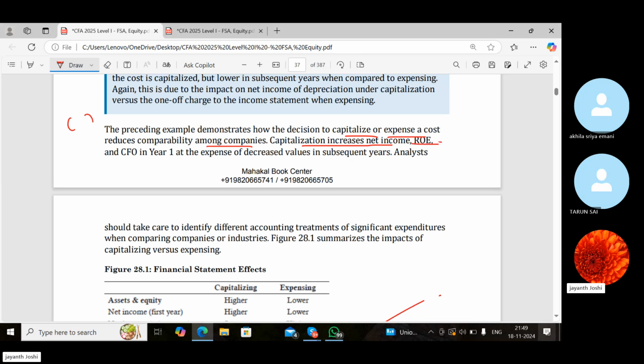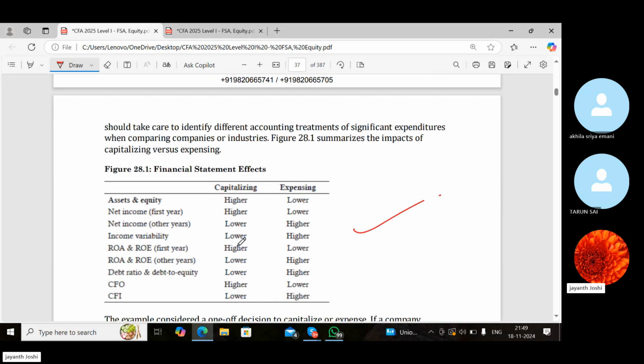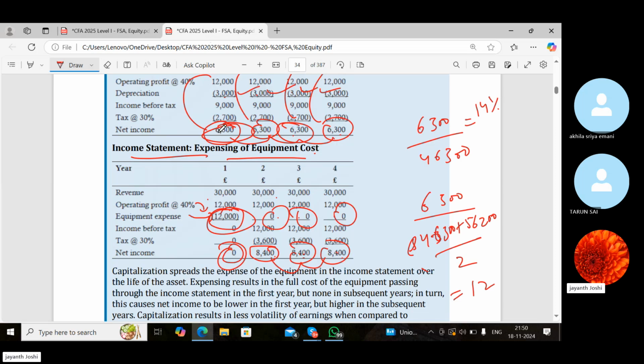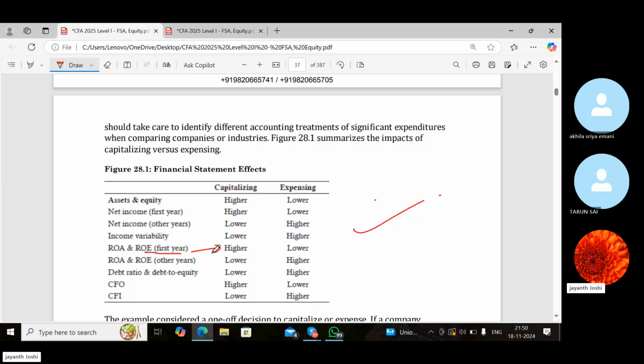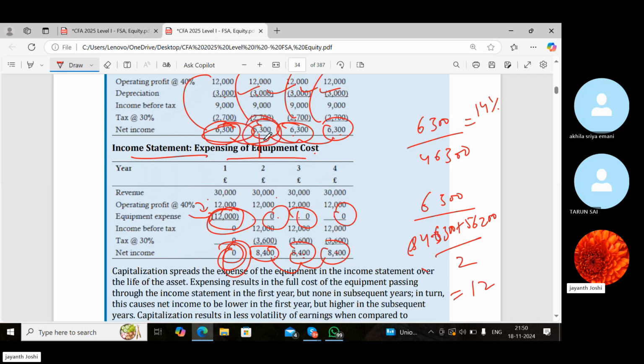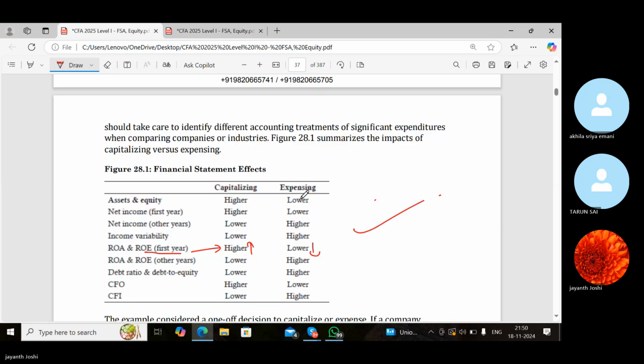If your net income is high in the first year, we will discuss the ROE in the first year. In case of capitalizing, your net income was 6,300 and here nothing, right? So your ROE will be higher in the first year and lower in the coming years, because in the coming years your net income is less when compared to expensing. In expensing, the ROE will be lower in the first year but higher in the coming years.